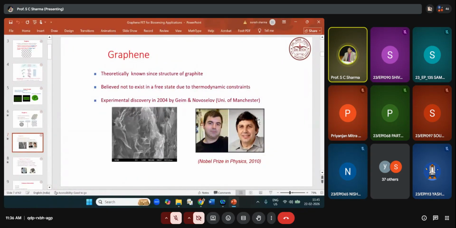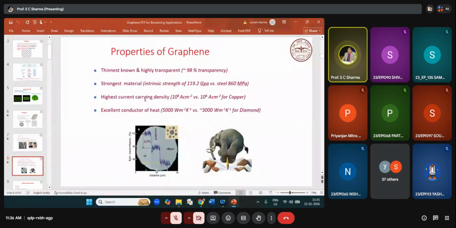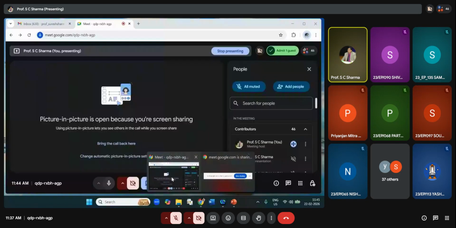They discovered this 2D graphene in the year 2004, and they were awarded the Nobel Prize in the year 2010. Because of these properties, this material is very important.